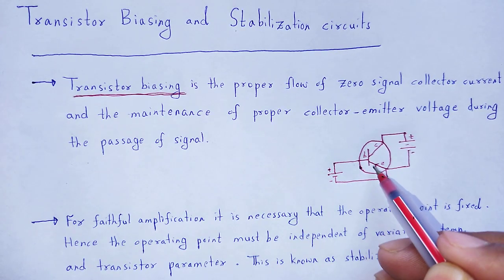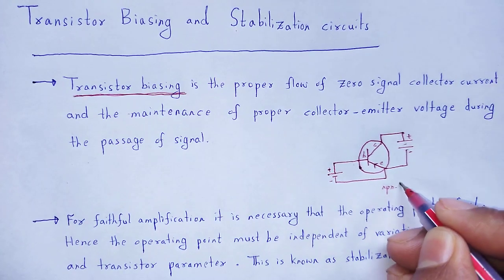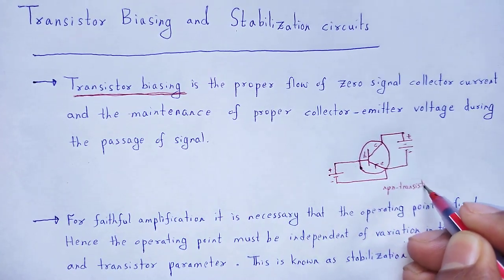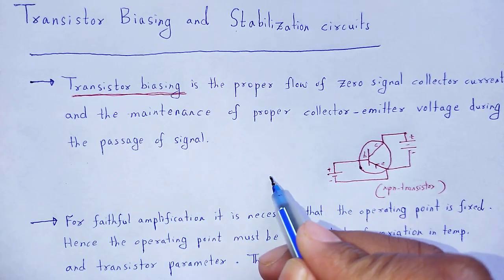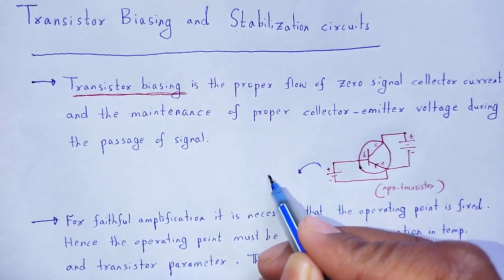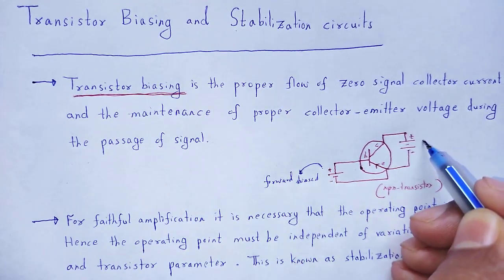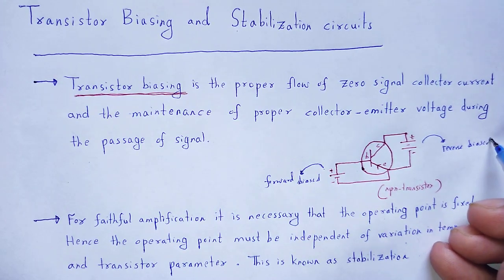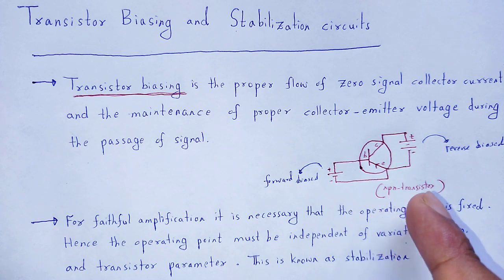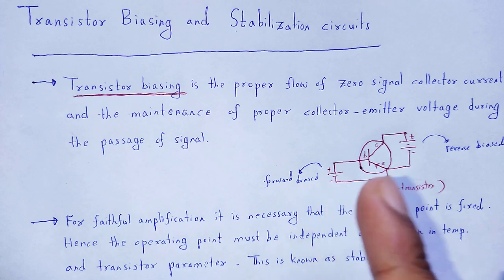The base emitter junction is forward biased for an NPN transistor. It is forward biased, and that one is reverse biased, and we say that an NPN transistor having common emitter mode is properly functioning, which is said to be a properly biased transistor.